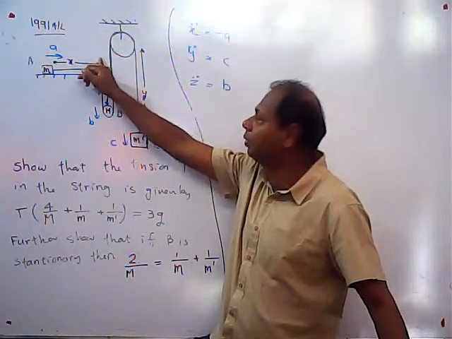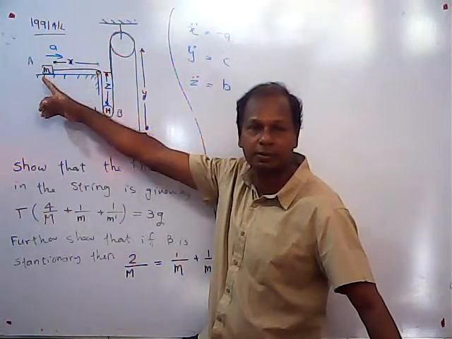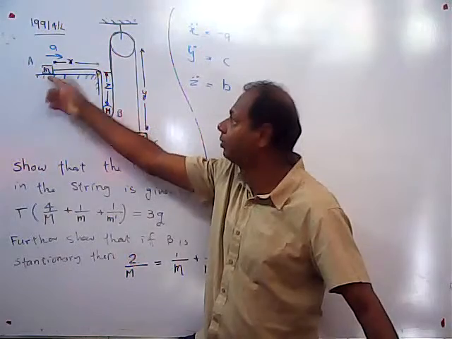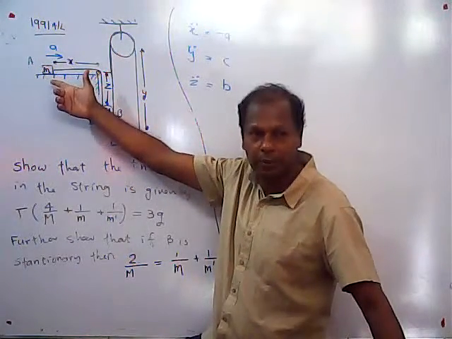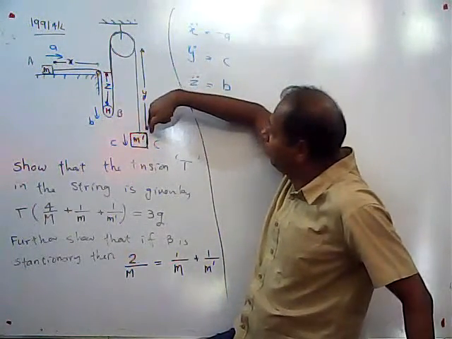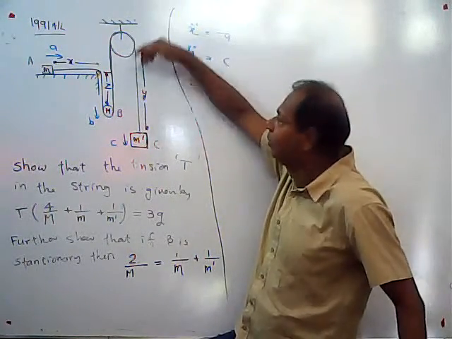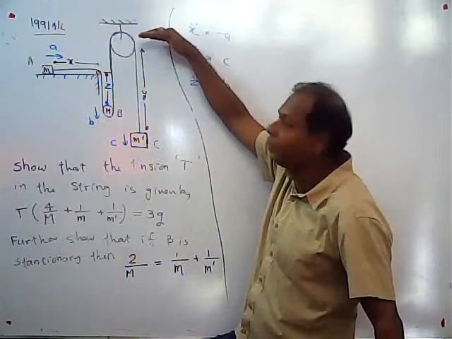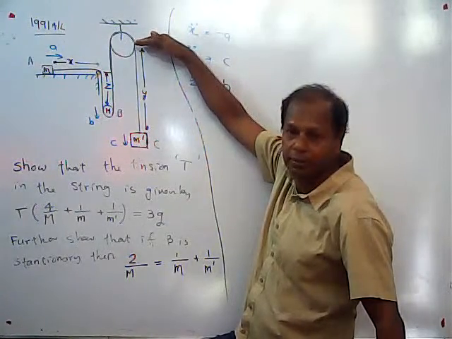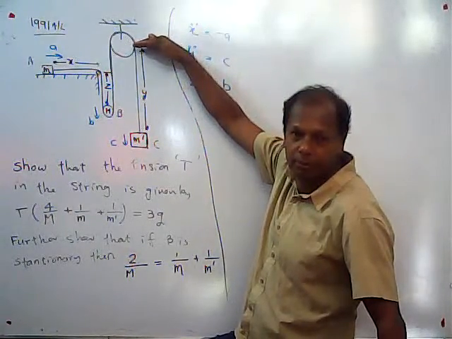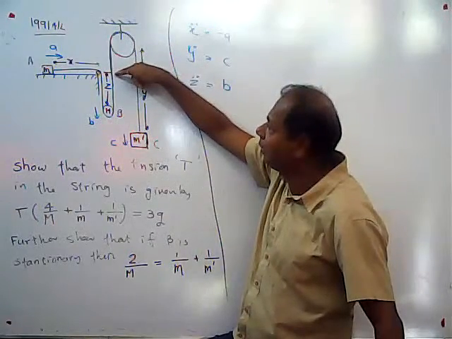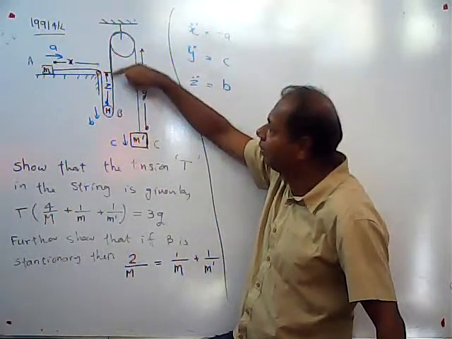This is the reference point. I want to find the distance of this object, so I take it from here. If you need to find the position of this, you measure it from this fixed point. Naturally, this is the point you take. It was matter for this pulley.